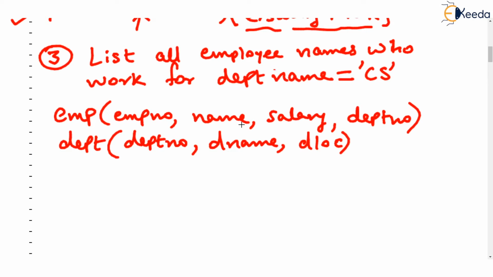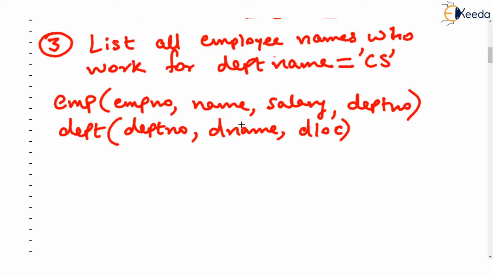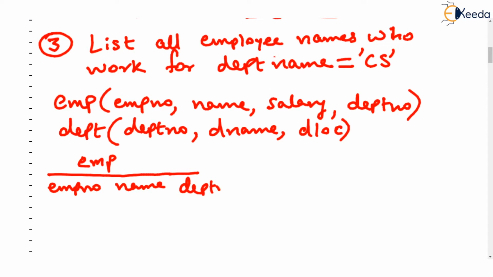To understand this very well, let's show some employees. This is EMP relation, and the column names are emp number, name, and department number. Let's not show salary column, just to save some space. And here is the DEPT relation, having department number and D name.